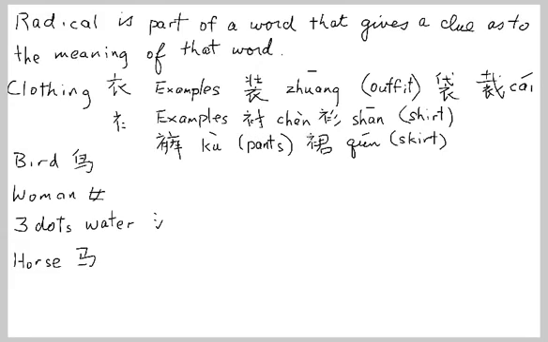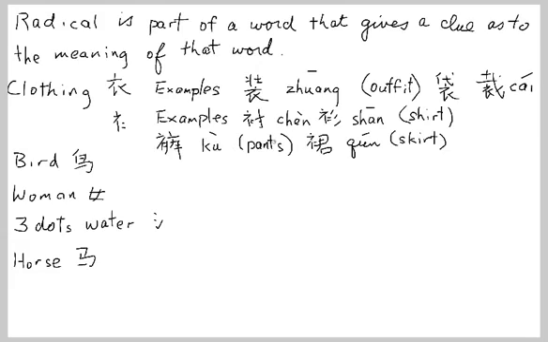Again, this radical is here, and with this character on the right is qun, in the second tone, and this is called a skirt. As I say, when you look at the game on the iPad or iPhone or your Kindle Fire, you will see the clothing section; look out for these radicals, and you'll be able to recognize them.